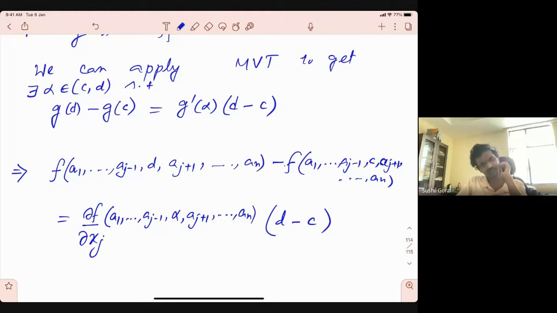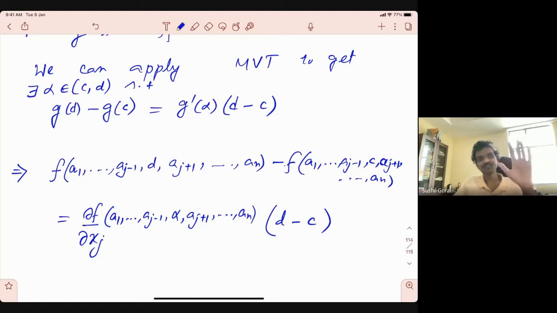So you get a version of the mean value theorem corresponding to each variable, right? Later we will try to combine these things together, and we'll give a statement in terms of gradients of the function. But that will take some time.